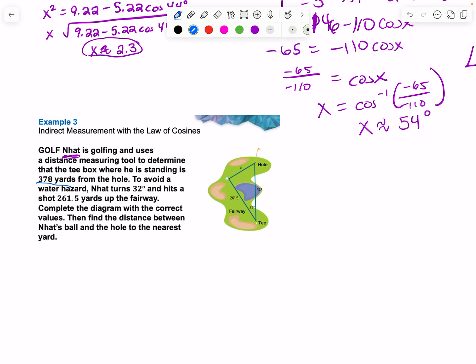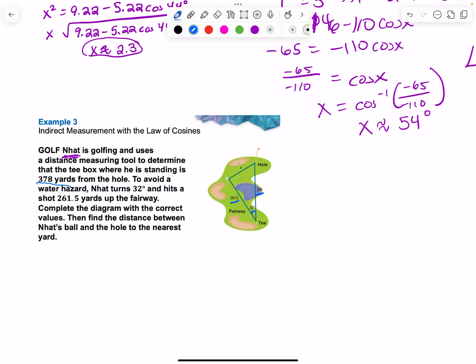Okay, so we're kind of seeing there we know the measure of two sides of the triangle and the included angle. So we know this side is 378, we know this side's 261, and we know this angle is 32 degrees. That's the one that we're looking for, okay? We're going to use the law of cosines since we know side, angle, side.